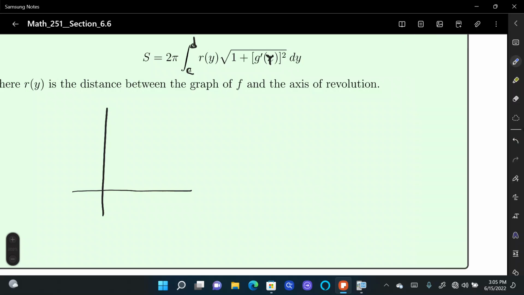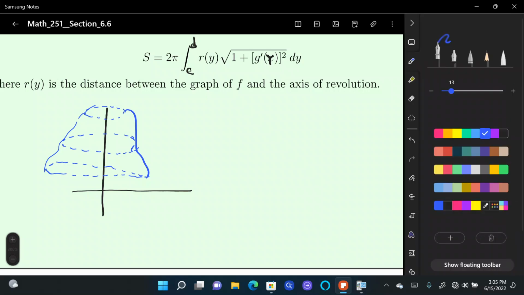So that's our region of rotation, and this is more or less how it would look when we rotate. In this case, the radius, which is the distance, is important to understand.